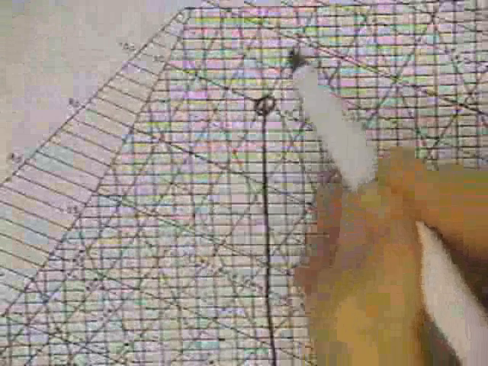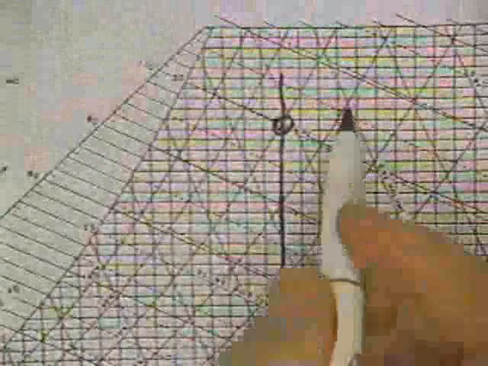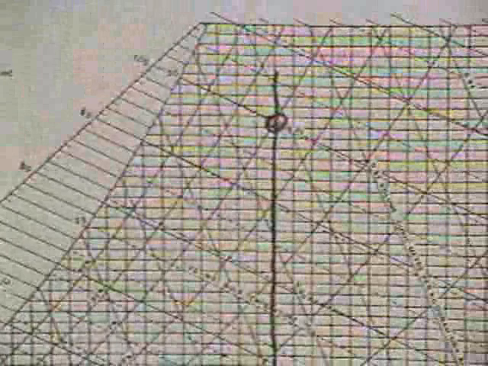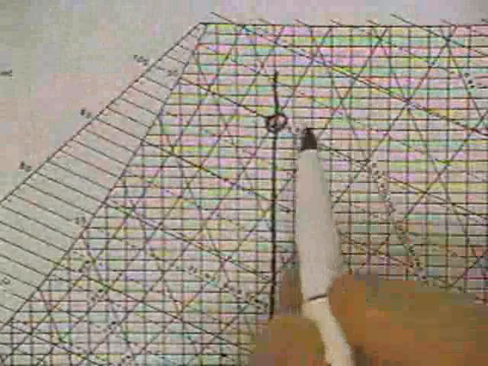The 70% constant RH is this curve that goes along here, and the dry bulb temperature of 35 degrees C intersects with 70% RH. So we have a very high moisture content, and this is something we can read directly off the chart.